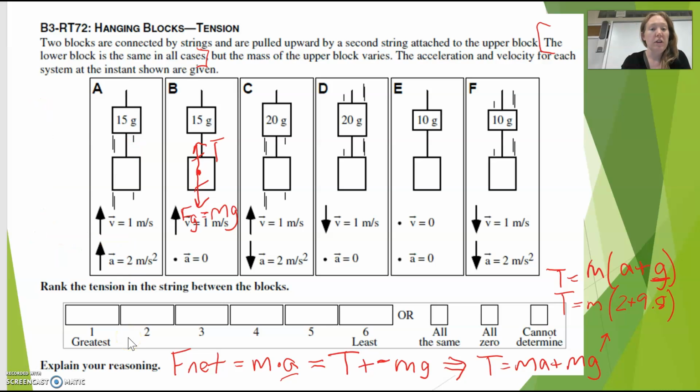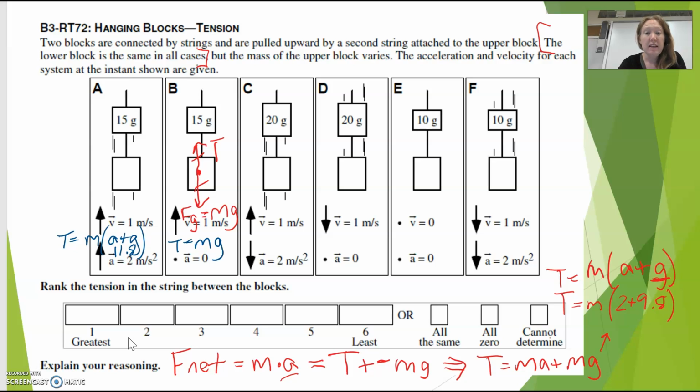Okay, so in the case of A, we're going to have T equals m(a plus g), and that's going to be a big number like 11.8. In the case of B, it's just going to be T equals mg because a is 0.